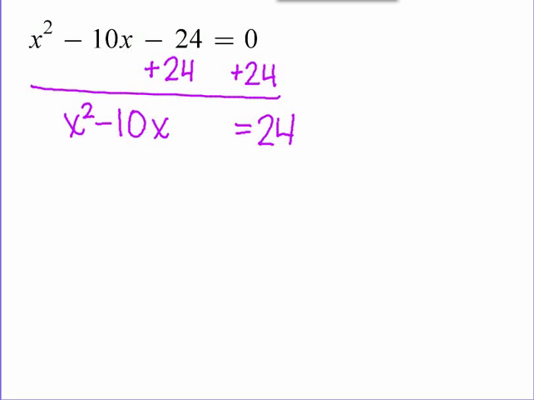Next step, take half of the 10x, or in this case it's actually a negative 10x. Half of negative 10 is -5. So now this is how I write this. I know this is going to look kind of weird, but trust me, it will save us some grief in a little bit.